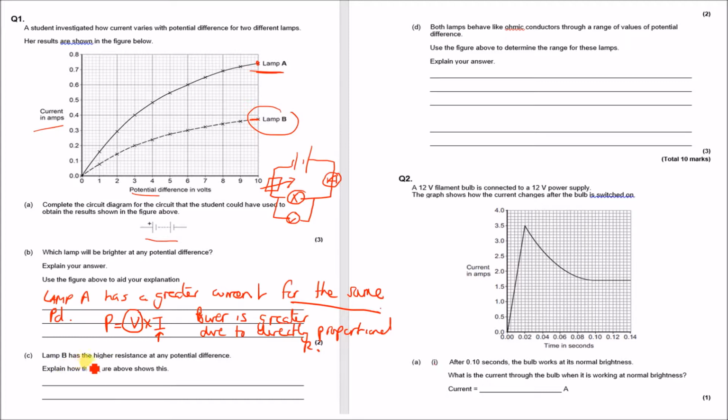Now it says lamp B has a higher resistance at any potential difference. Explain how this figure above shows this. So the lower the current, the greater the resistance.